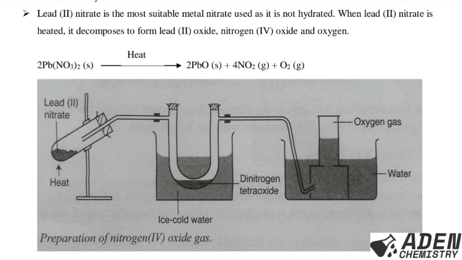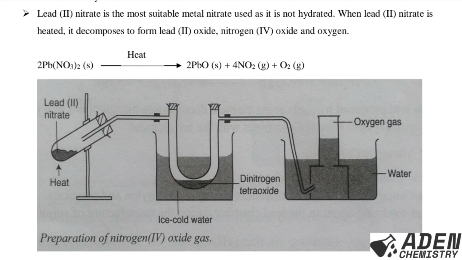Next, let us see the setup. When lead 2 nitrate is heated, we get nitrogen peroxide and also oxygen gas. So this is a mixture of gases. How are we going to separate them? Here we have ice-cooled water, or we can use a freezing mixture.